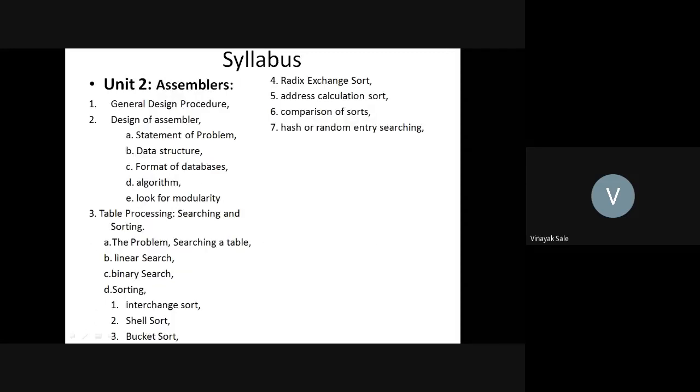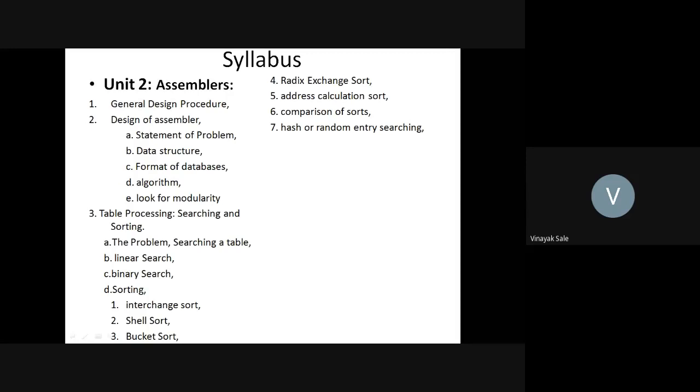Then unit second, that is assembler. In this unit we will see general design procedure, design of assembler. For designing an assembler you should know what is the problem statement, then which data structure is going to be used, then what is the format of the database, which algorithms are going to be used, and which model, that is, look for modularity.